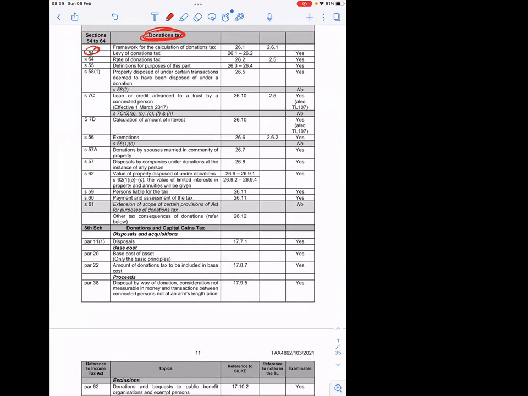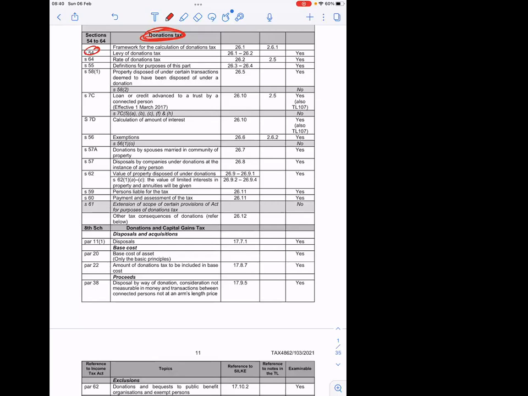Let's go there. Right. And make sure that you are looking for section 54 under the Income Tax Act. Because if you look for section 54 under the VAT Act, under the Estate Duty Act, under the Securities Transfer Act, that's going to be a problem. They won't be talking about donations tax. Right. So the Income Tax Act is the bigger of the 4 or 5 acts that are given.